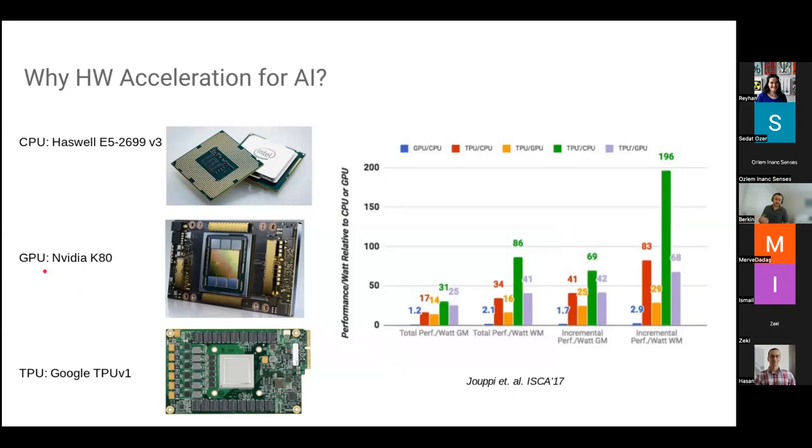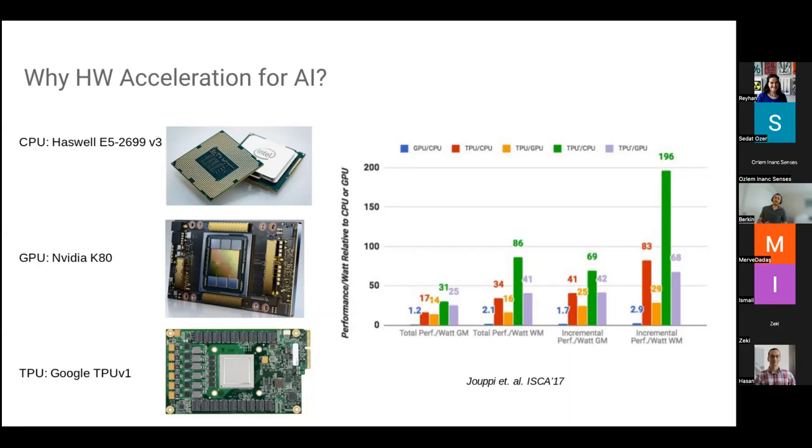GPUs are probably one of the factors that made AI get so big in recent years, because they can run the backprop and the whole training in parallel, in fast ways. But this may not be sufficient for some of the use cases that we are seeing. In this data, what we are showing is the performance per watt, which means how much performance you gain per energy that you burn.